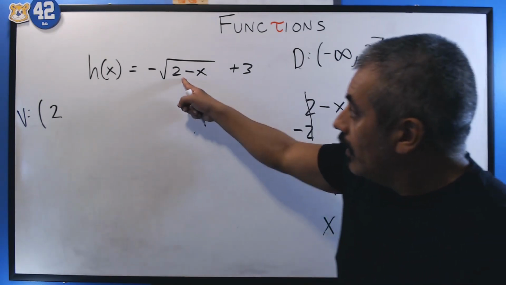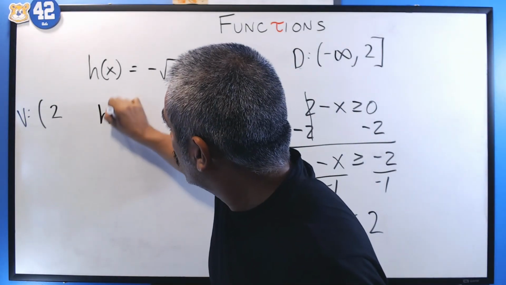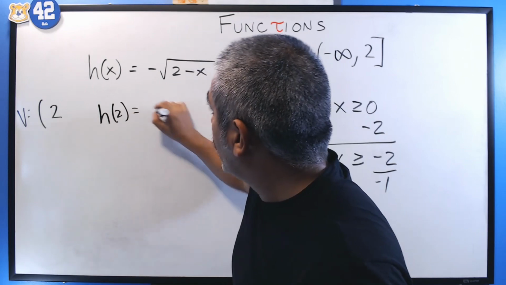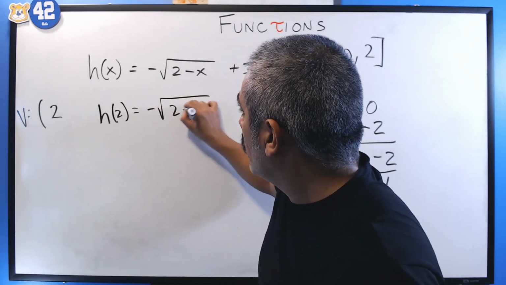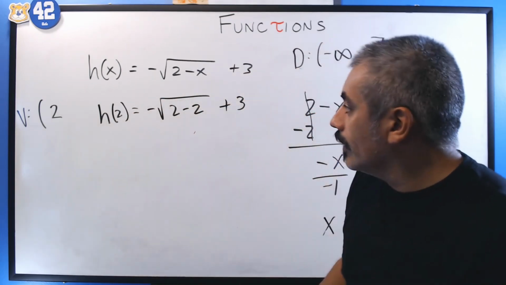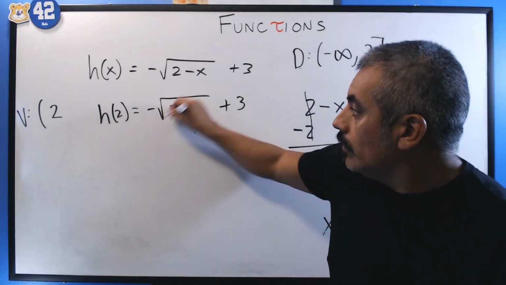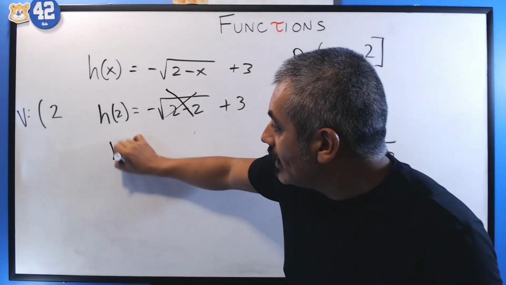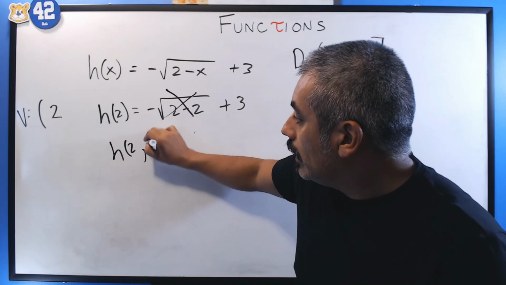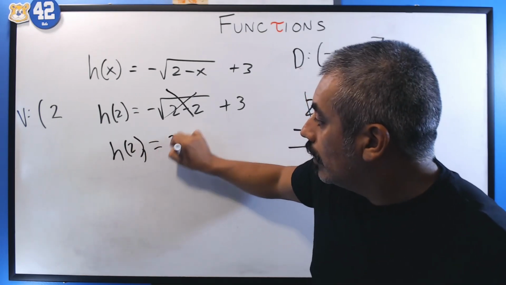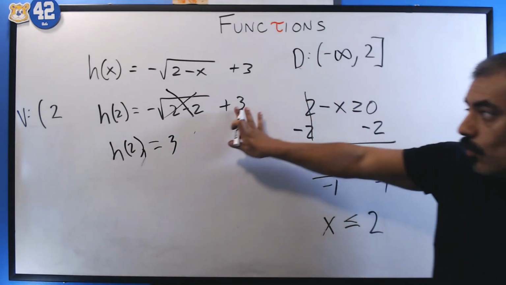So now, when I plug in h of 2, I get negative root of 2 minus 2, plus 3. This gives us 0, and all I get is that h of 2 equals 3. And that gives us the y value of that point.